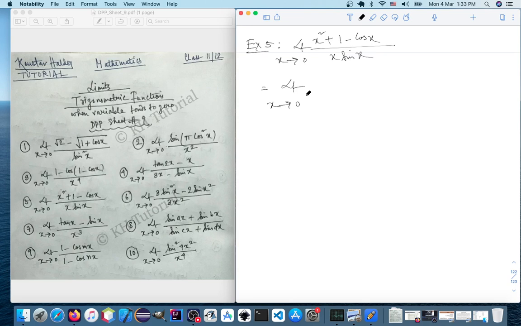You might get stuck somewhere in the future, but that's fine. Fall back and try another approach. So I would like to rewrite 1 minus cos x as 2 sin square x by 2. We have x sin x. Now what I will try to do is create the standard forms. I would like to have sin square x by 2.